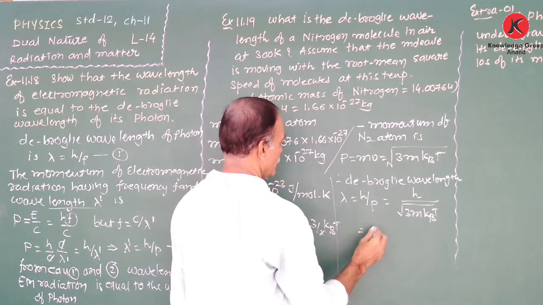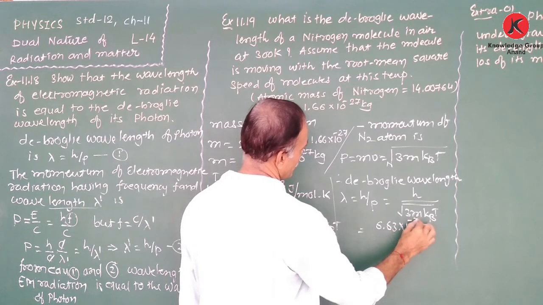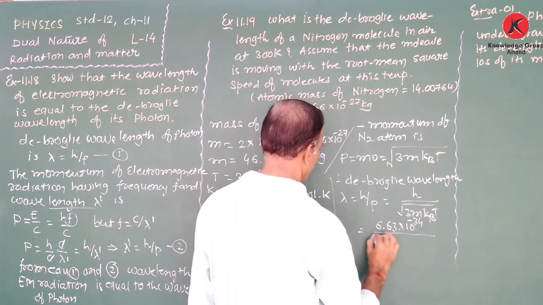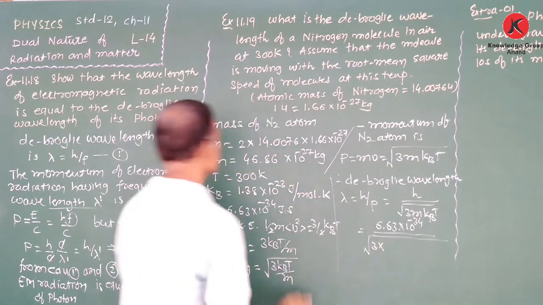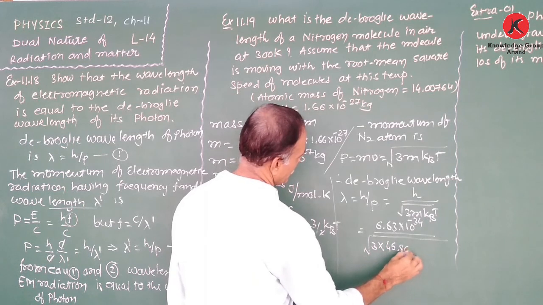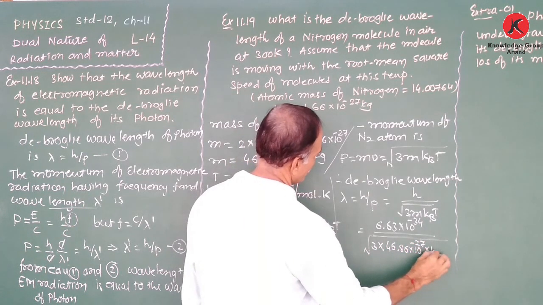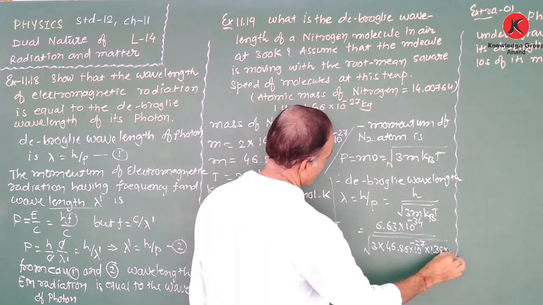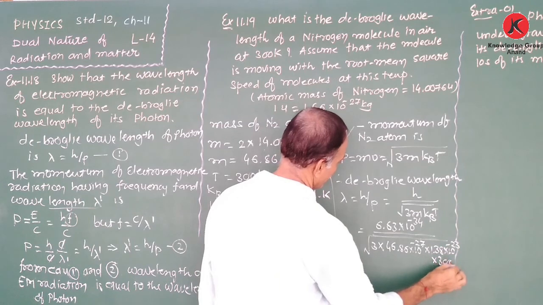Therefore, h 6.63 into 10 to the power minus 34 upon under root of 3 times the mass of nitrogen, which we already obtained, 46.86 into 10 to the power minus 27, Boltzmann constant 1.38 into 10 to the power minus 23, into temperature 300.